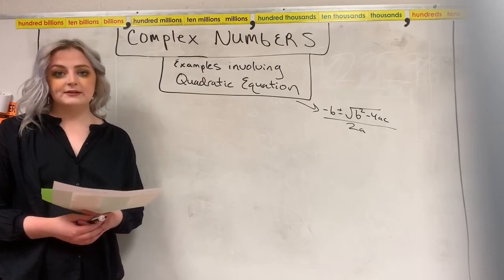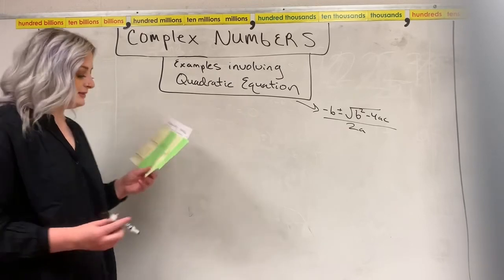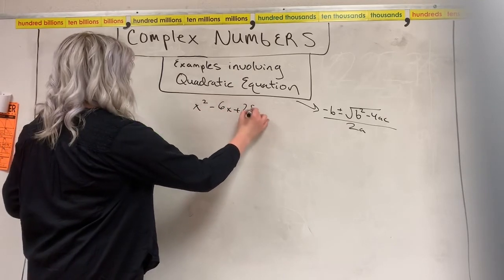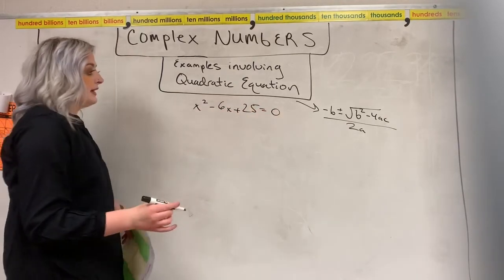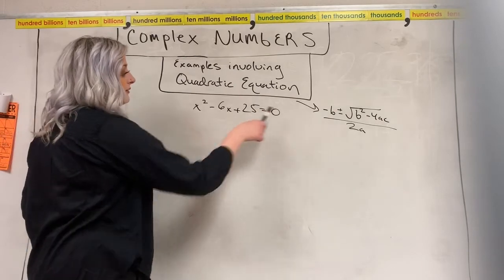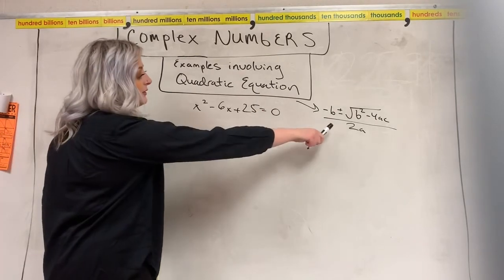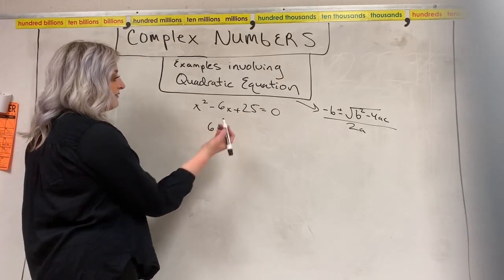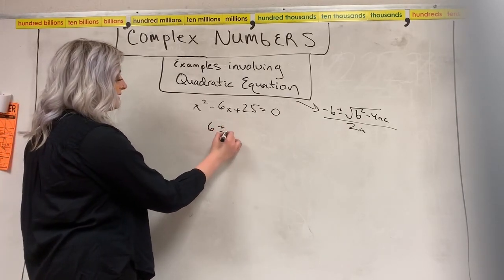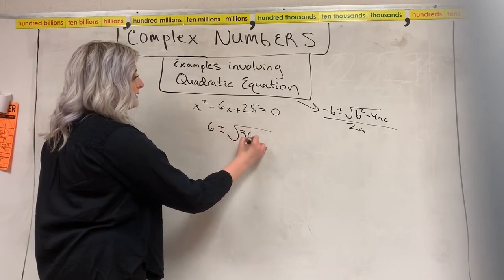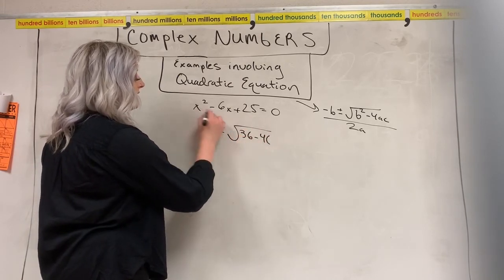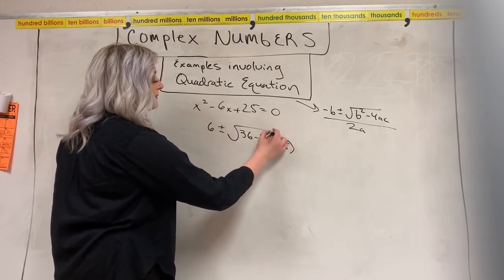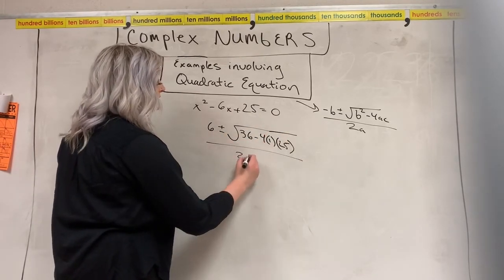One more example involving the quadratic formula is we can do x squared minus 6x plus 25. Okay, so we want to take our equation here and use the quadratic equation to solve it. So negative b is just going to be negative negative 6, which is 6, plus or minus the square root of 36 minus 4 times a, which is 1, times 25, which is c, all over 2 times 1.